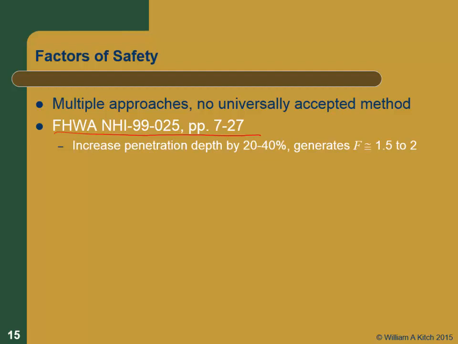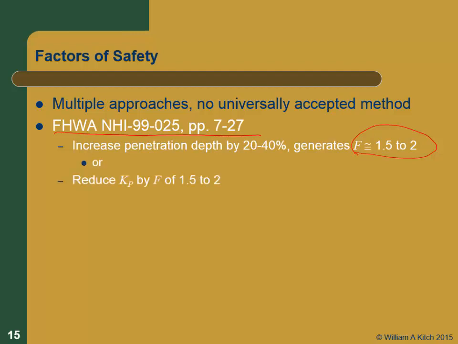You do all your calculations with unfactored loads, and once you've got your D, that's your static D, and your design D will be 20 to 40% more than that. If you do a slope stability kind of analysis on it, you'll find that gives you a factor of safety on loads somewhere between 1.5 and 2, depending on how you do the assumptions.